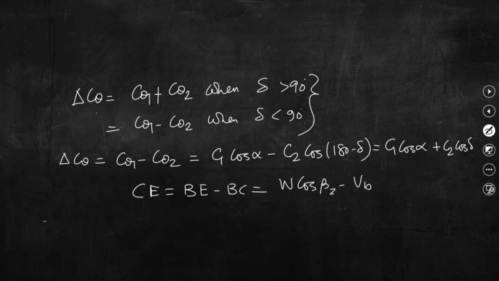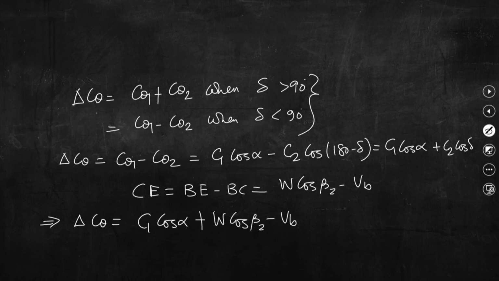So, we can write again delta C theta equal to C 1 cos alpha plus W 2 cos beta 2 minus V B.